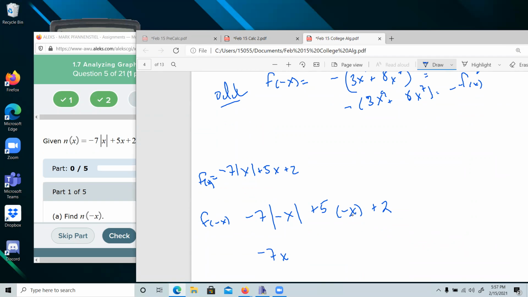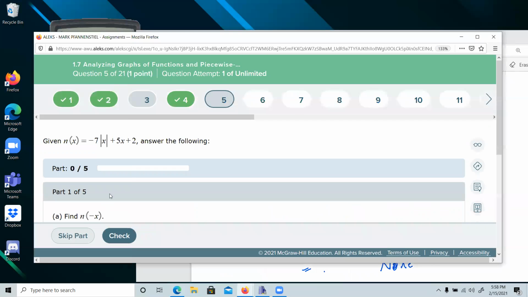But this doesn't do anything, right? There's nothing to simplify here. It's just minus 5x plus 2. How is this related to negative 7x plus 5x plus 2? There's not a lot we can do there. So since f of negative x is not equal to f of x, nor is it equal to negative f of x, we're just done here. So neither. This doesn't have symmetry. Okay, that's all we can say.